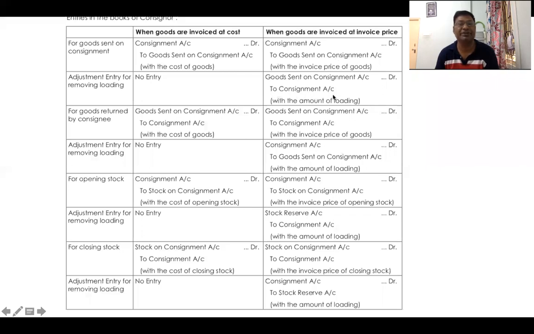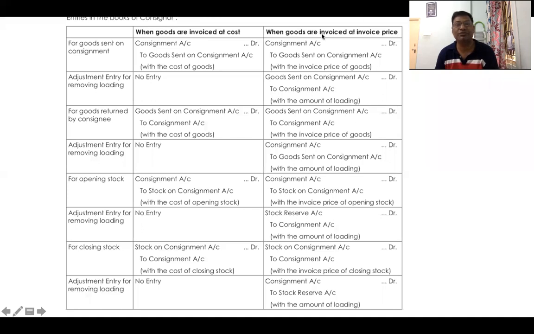Now for goods returned by the consignee, goods sent on consignment account debit to consignment for the return, and the same is written here. But there is no profit loaded adjustment here because the goods are sent at cost.